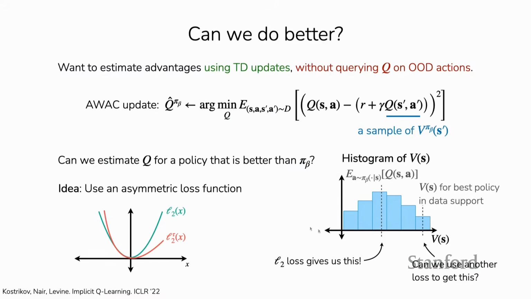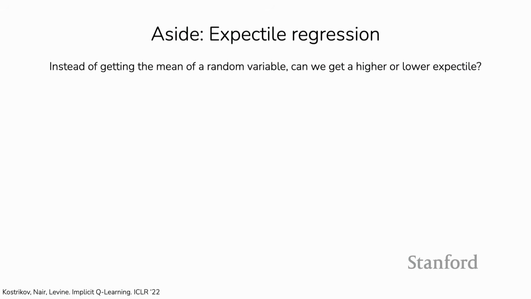So what this looks like is, I guess I drew it slightly wrong there. Instead of using a loss function that looks like this, you can use an asymmetric loss function that penalizes errors less in one direction. This is called expectile regression. It's a kind of cool trick.